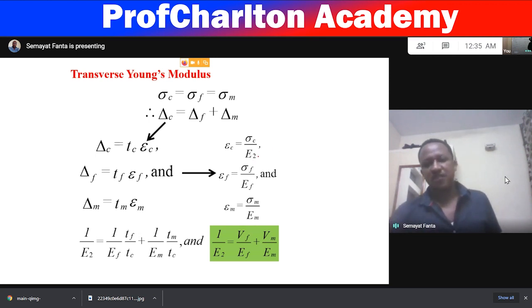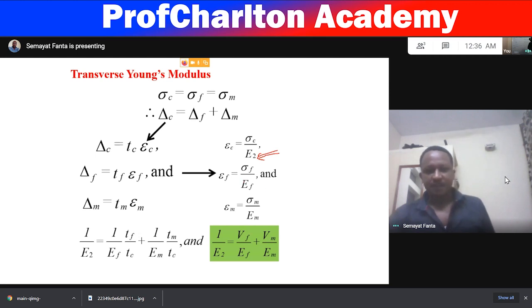So E2 is the one which we are searching for. Okay. So the deformation of fiber is equal to the thickness of fiber times the strain in the fiber. The deformation of matrix is the thickness of matrix times the strain in the matrix.